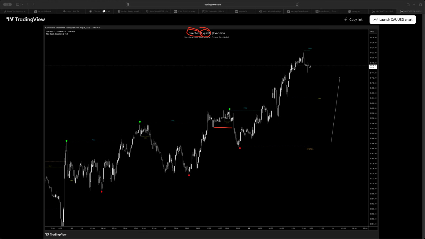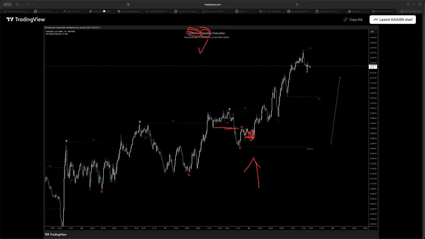So if you have a CBOS, right, then you can technically use that as liquidity. And if you want to take a sweep model, let's say we look at an internal model here, right? Let's say this is a full BOS based on this internal range. Then if this full BOS is met and you have a sweep model, then that's direction and liquidity done.